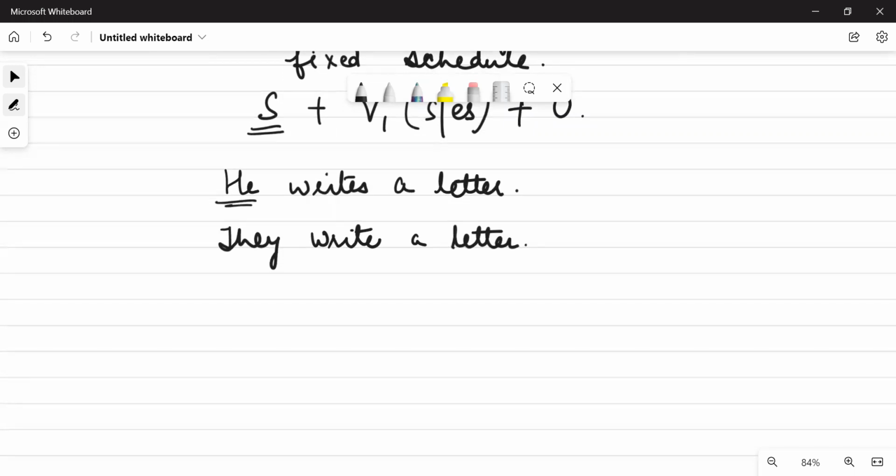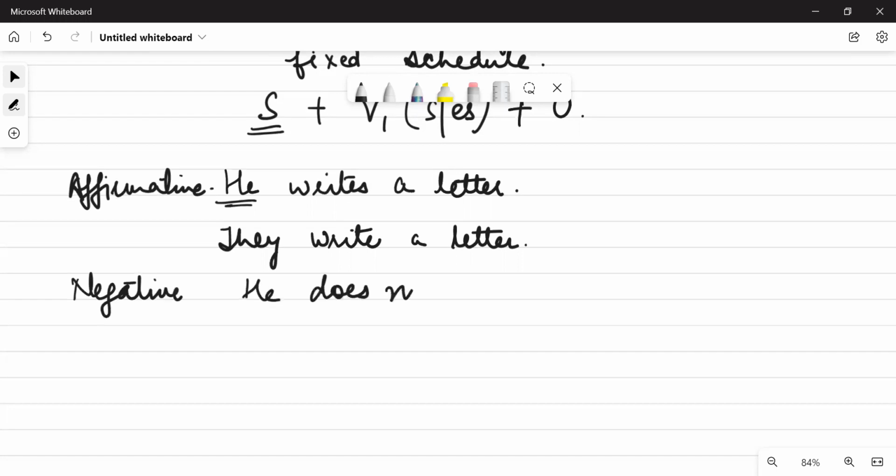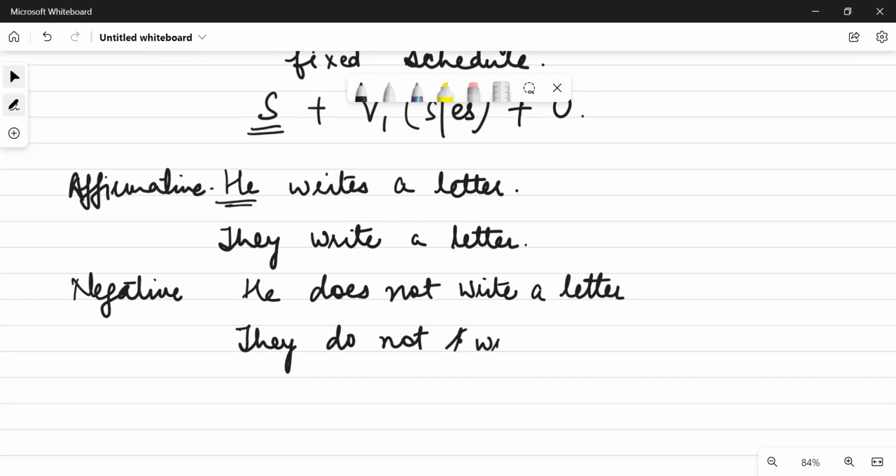Now for he writes a letter, this is an affirmative sentence. If we have to make it negative, it is going to be he does not write a letter. And for the plural subject, it is going to be they do not write a letter.